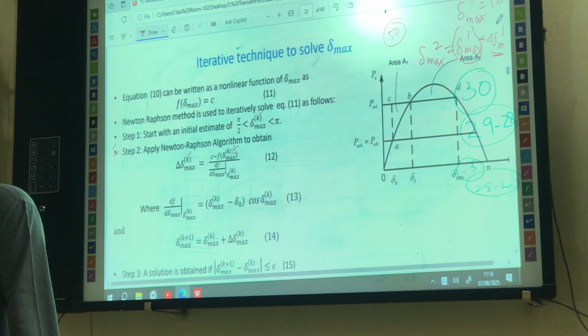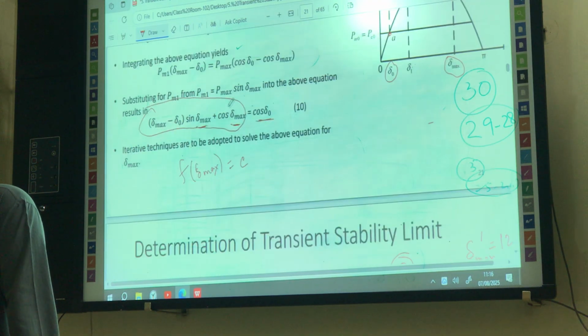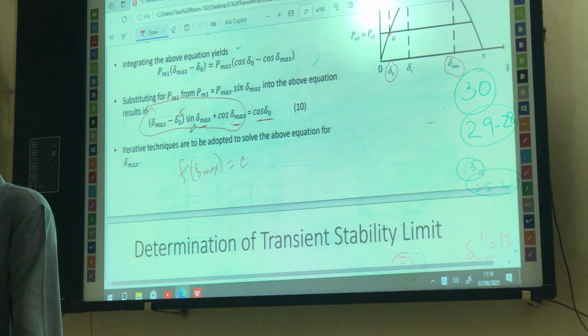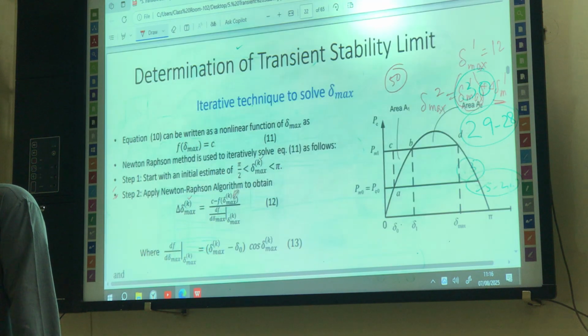Let's say this is 120 degrees. Place that 120 degrees here, then you will get this point. If you put the delta max initial value, you will get f of delta max evaluated at iteration k. Then you will get this value, the upper term.